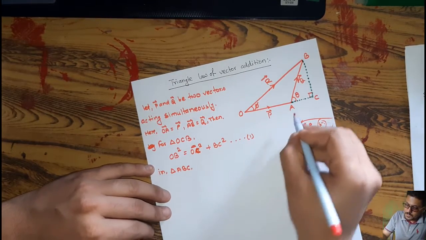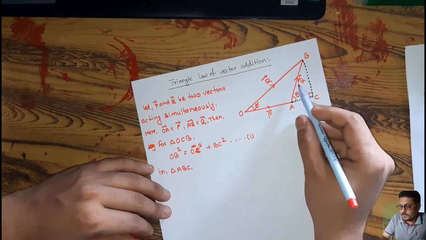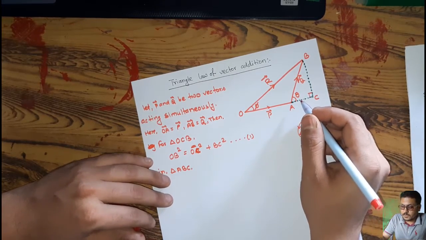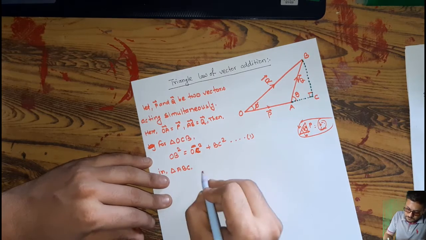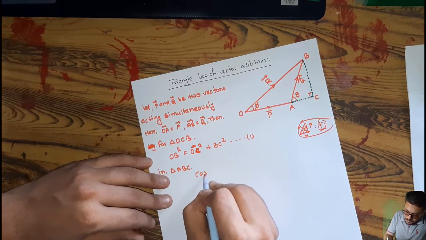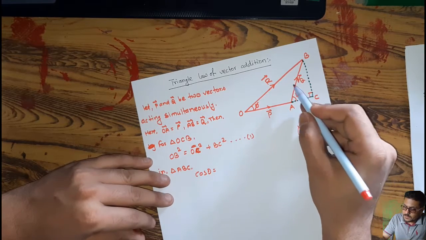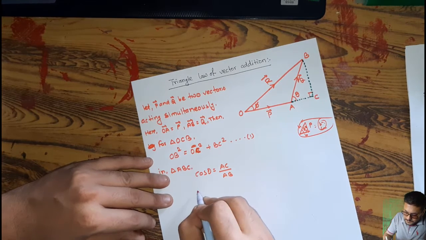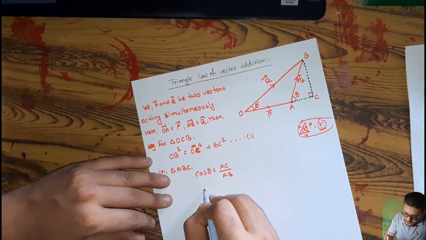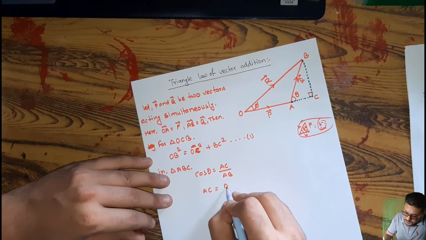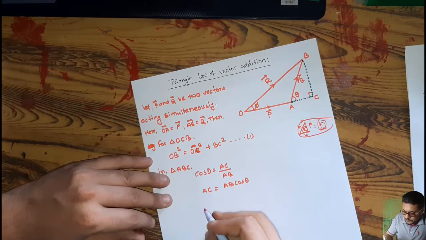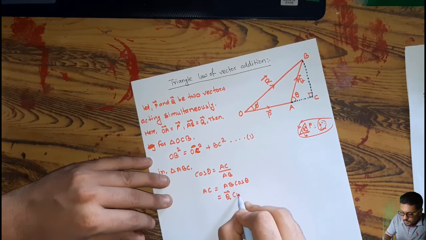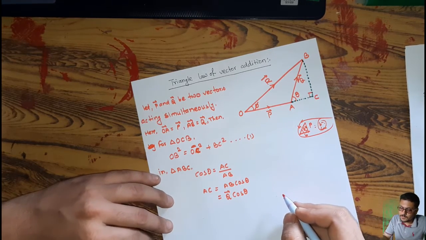Cos theta means B by H, that is AC by AB, so AC is equal to AB cos theta, and AB means Q vector, so AC is Q cos theta.